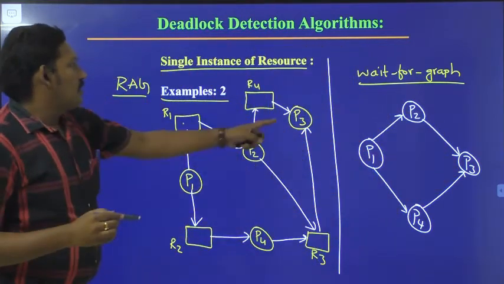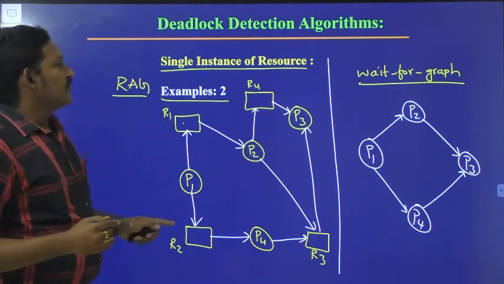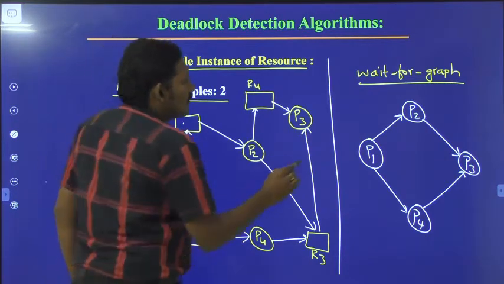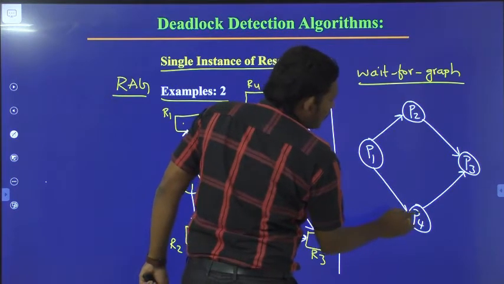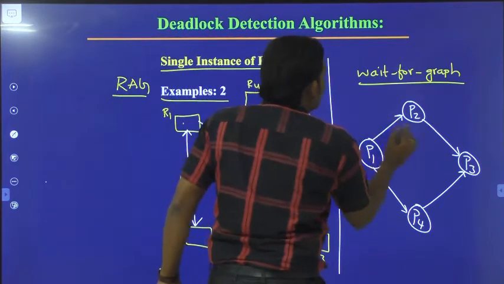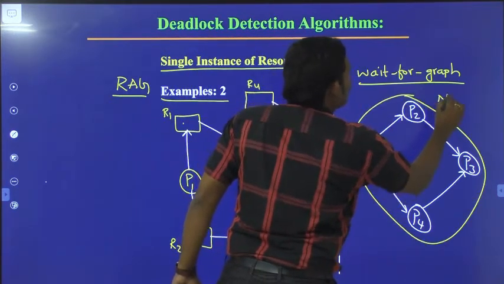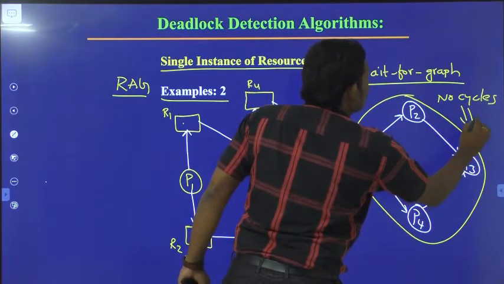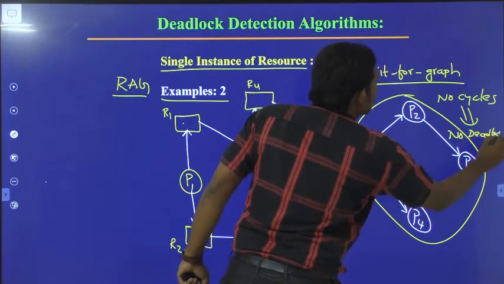Okay. So now we have covered all the processes and resources. Now we have to check for cycles. P1, P2, P3, no. P1, P4, P3, no. So here, no cycles. Therefore, no deadlock.